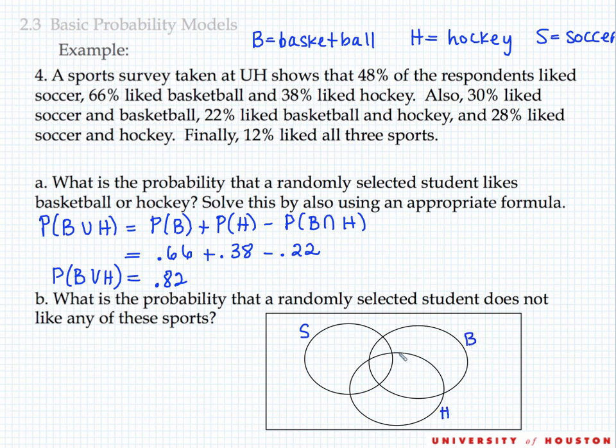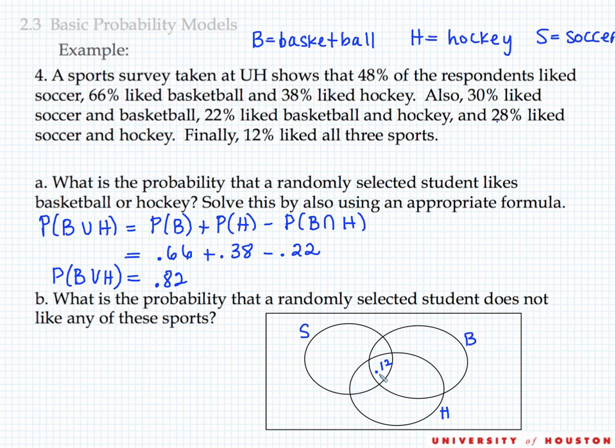Now when you're creating the Venn diagram for all of this information, always start with the inside and work your way out. So I'm going to start with the 12% like all three sports and put that right there. Then I'm going to do the combinations, for instance, 28% like soccer and hockey. Soccer and hockey overlap right here.